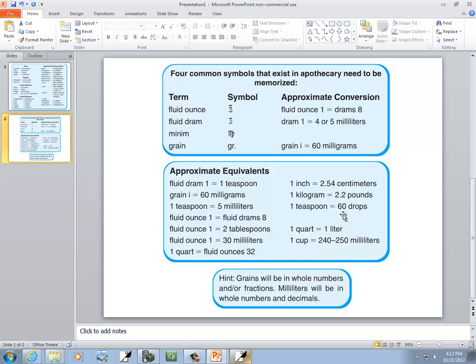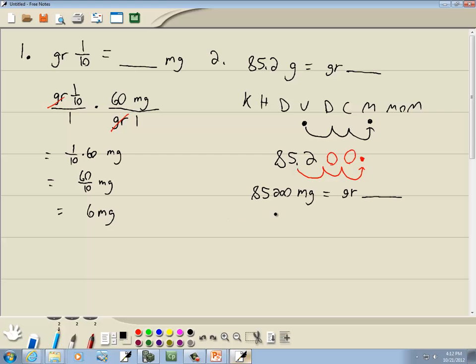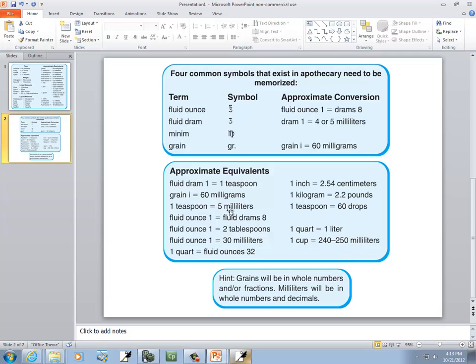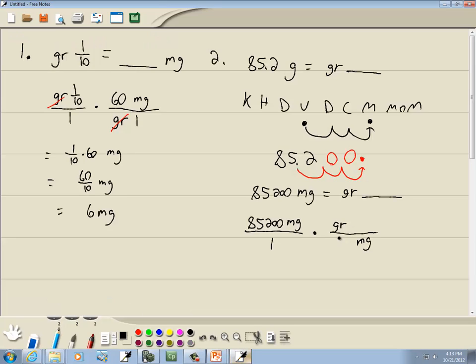That one will work out good because you see we have 60 milligrams is 1 grain. So we'll put 85,200 milligrams over 1 times. If milligrams is up there, milligrams has to be down here. And we'd like to find some kind of connection between grains. And we just said 60 milligrams is equal to 1 grain.